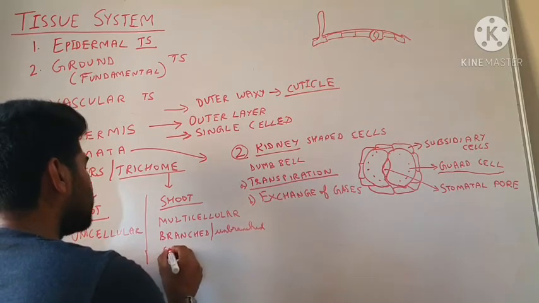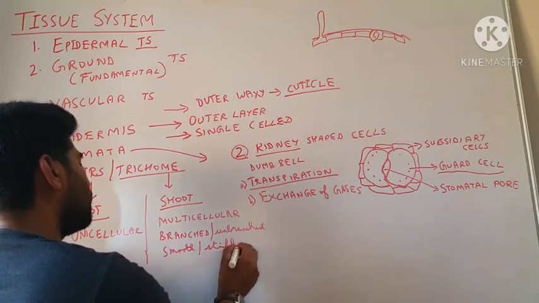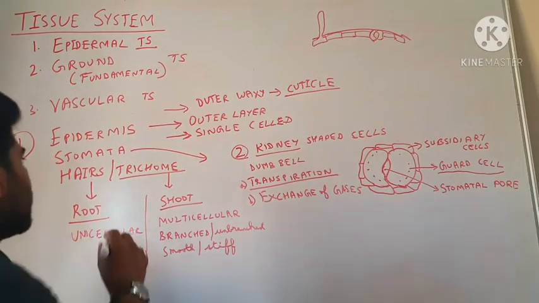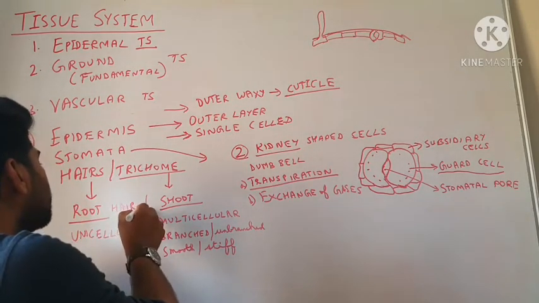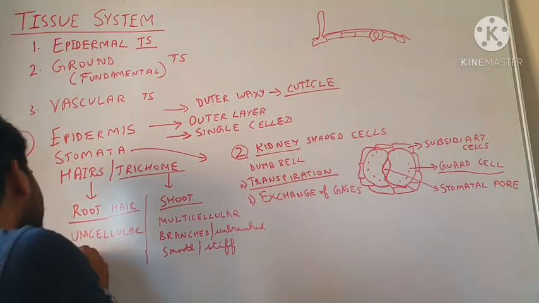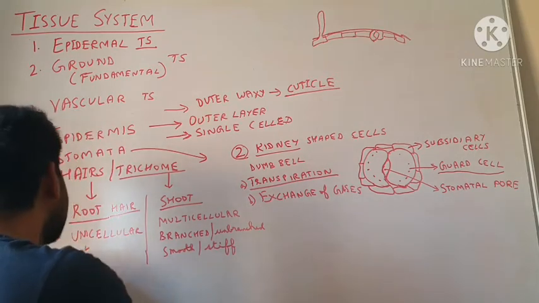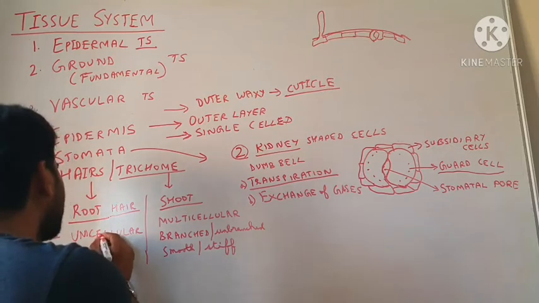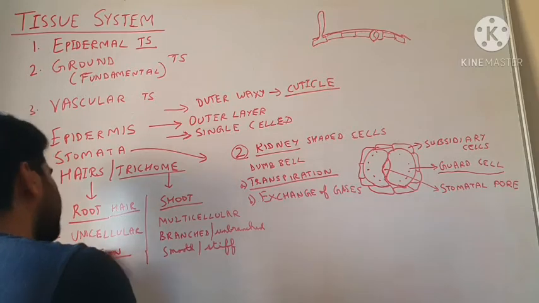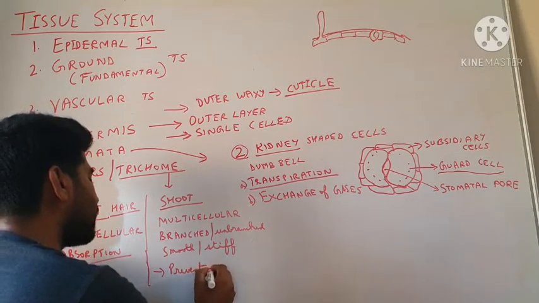It could be either smooth or it could be stiff and hard. So the root hairs play an important role in absorption of water, whereas trichomes play an important role in preventing transpiration.